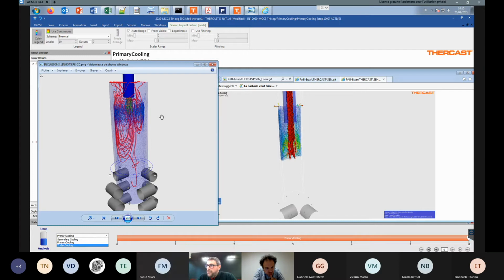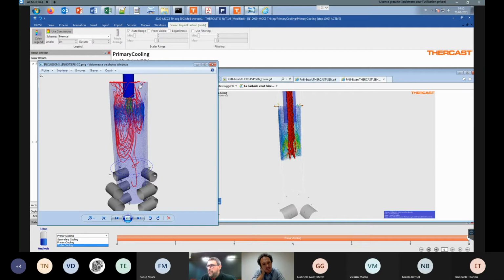So we can put in the simulation inclusions with a given diameter and a given mass density, and see how they go in the flow.